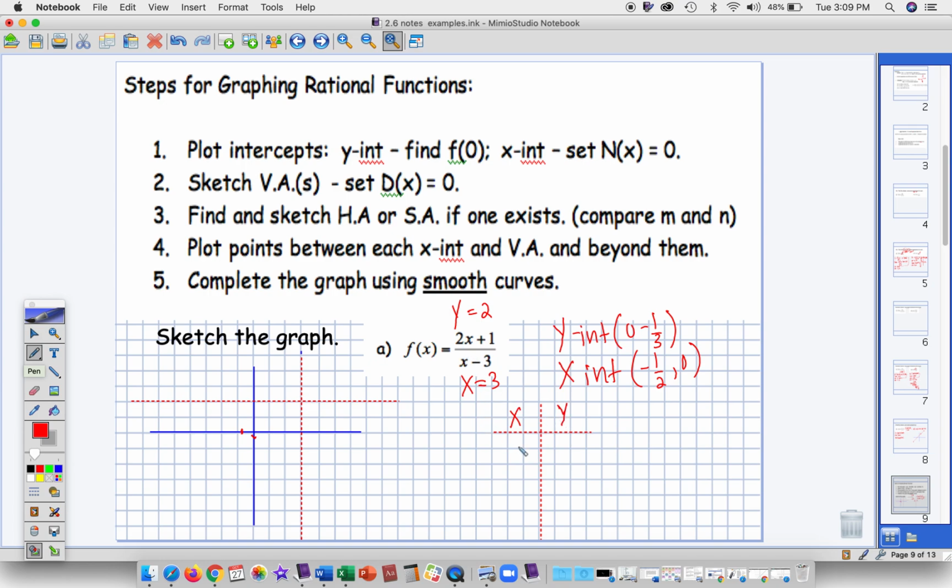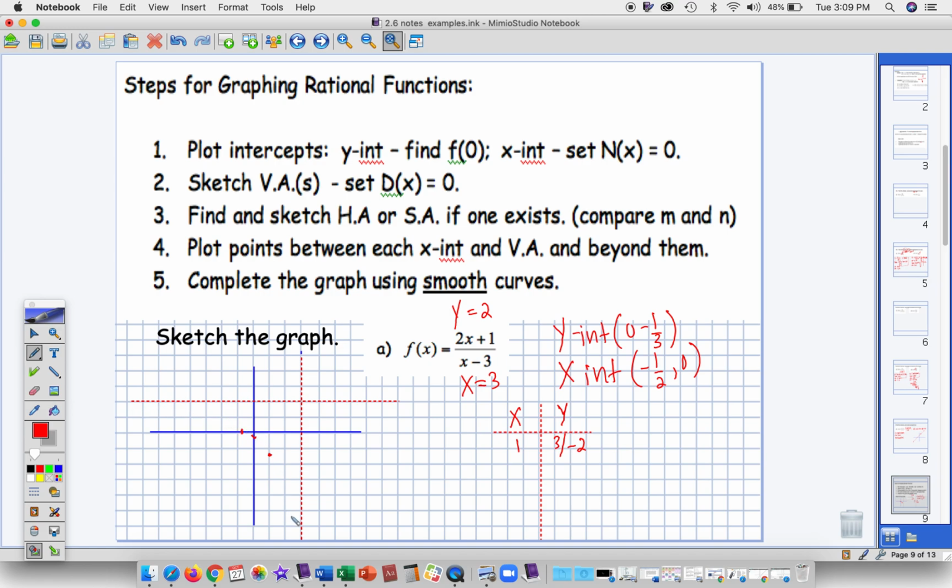So if I'm plugging in, let's say 1, looks like a good number to plug in. That's going to give me 2 plus 3 over 1 minus 3, which is negative 2. So negative 1.5, which makes sense. And why am I saying that? Because as you do more and more of these, you start to know what's going to happen.